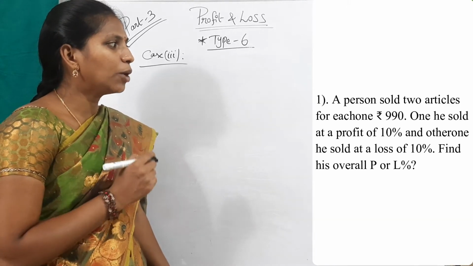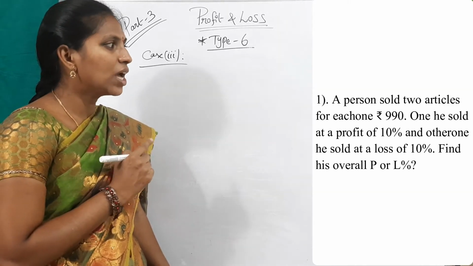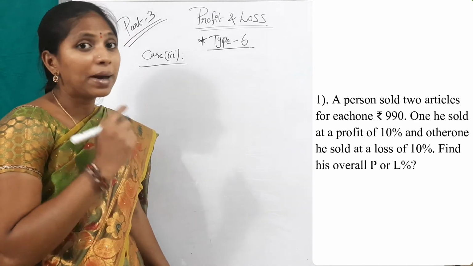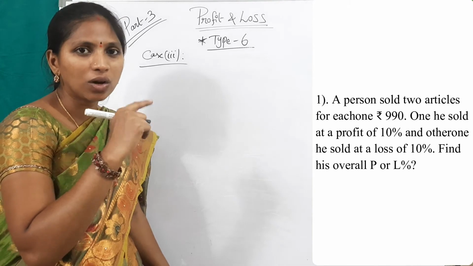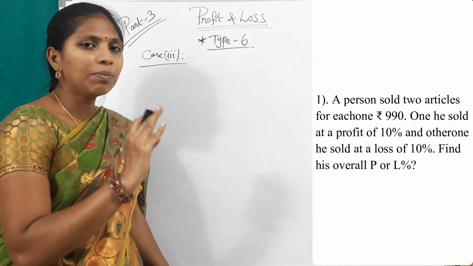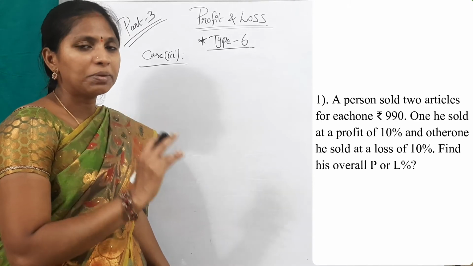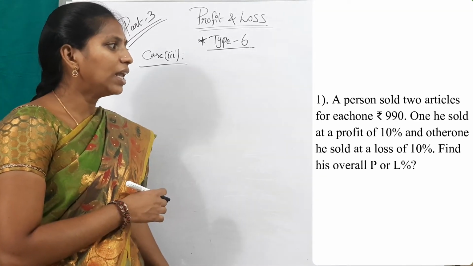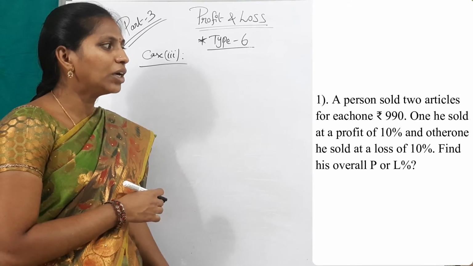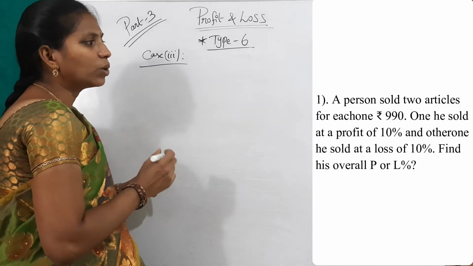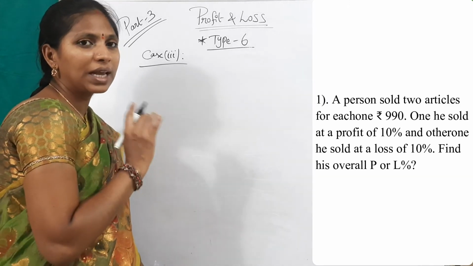One he sold at a profit of 10% and the other one at a loss of 10%. The percentages of profit and loss are also the same. Then finally find his overall profit or loss percentage. In this type of question, we will always get a loss.